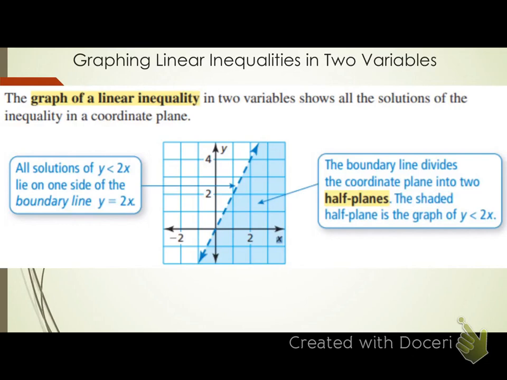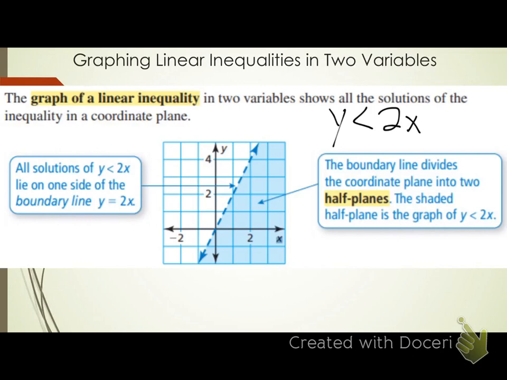The inequality we have here in this example is y is less than 2x. The boundary line is created by replacing our inequality symbol with an equal sign. Does everyone understand that?